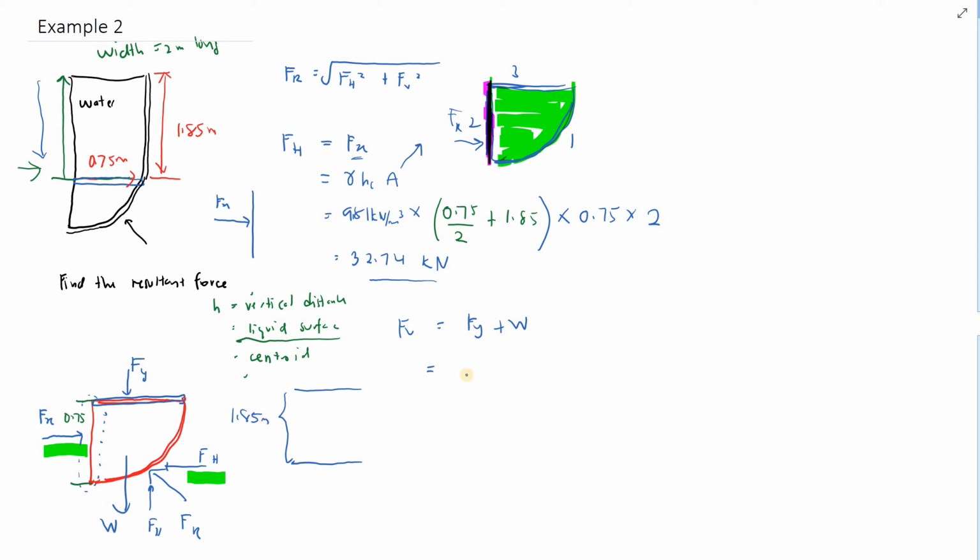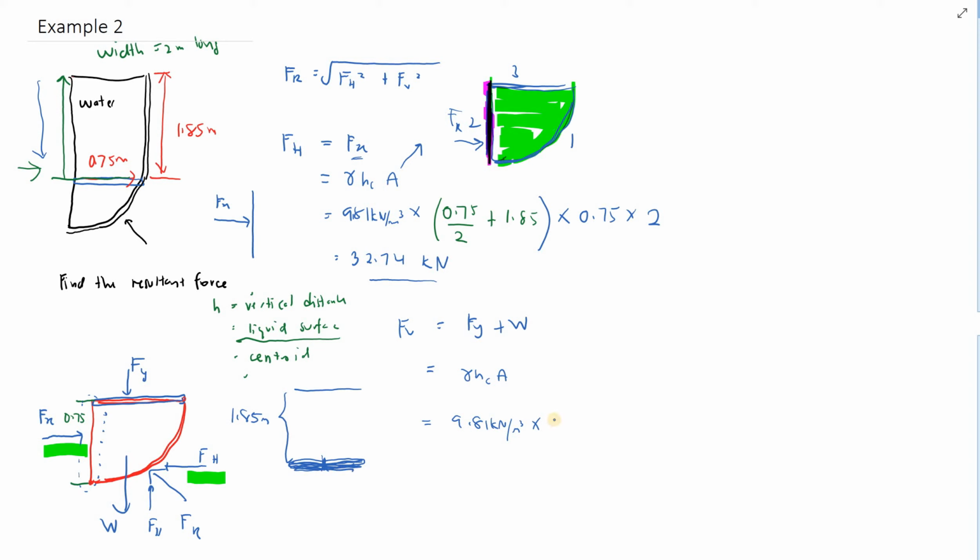So your Fy is equal to gamma Hc A. 9.81 kilonewton per meter cube, Hc. This is a plane surface. Regardless of the shape of this surface, the centroid will always be somewhere on this horizontal line.